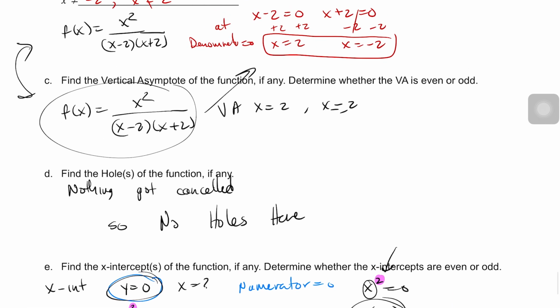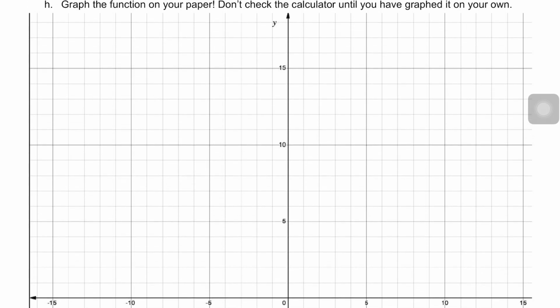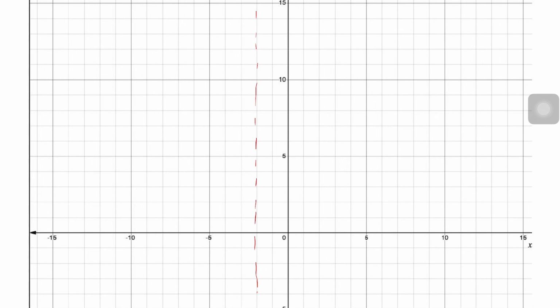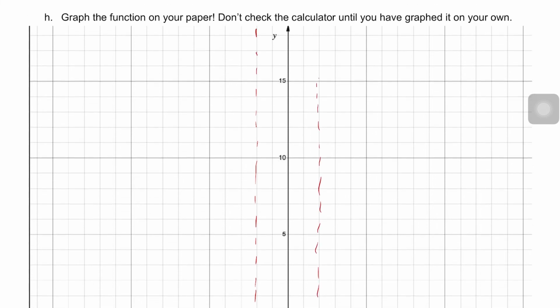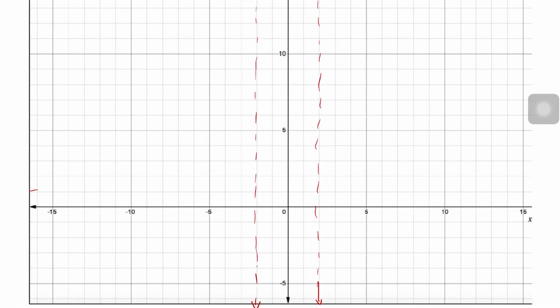We'll begin by doing the vertical asymptotes. The vertical asymptotes were x equals -2 and x equals +2. So we'll do a set of lines here, and the same thing here at x equals +2.